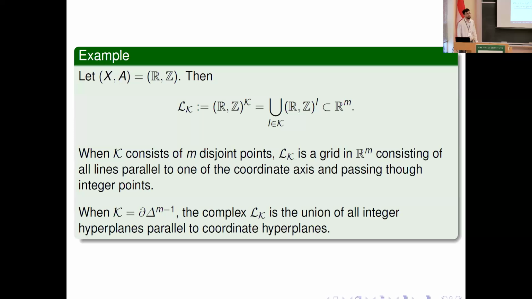When K is the boundary of an (m-1)-dimensional simplex, the complex L_K is the union of all integer hyperplanes parallel to coordinate hyperplanes.